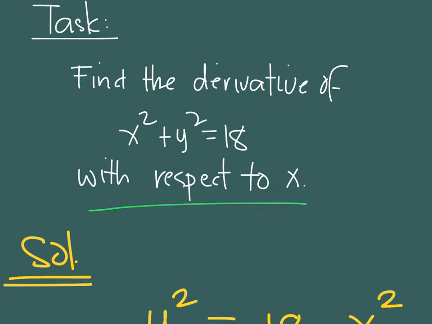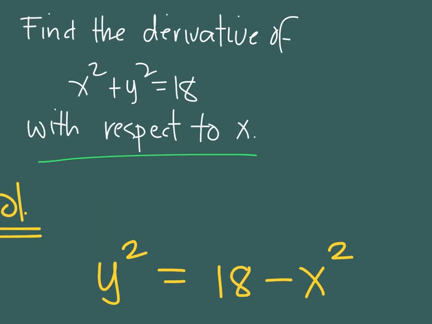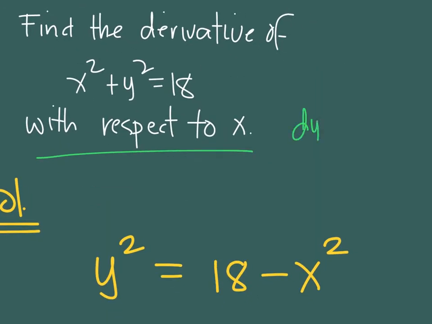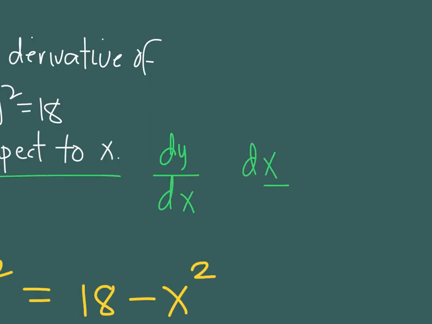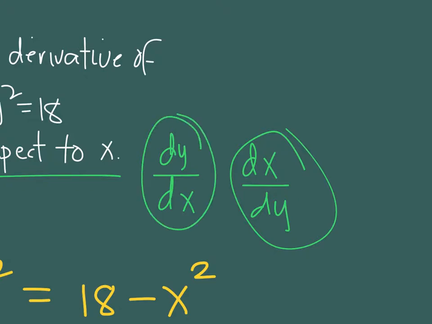But if I say with respect to x, that means the derivative that we want is dy over dx. Otherwise, we don't know if we have to find dy over dx or dx over dy, in which the second one is with respect to y. Okay, so now with respect to x means we are sure that we're looking for dy over dx.